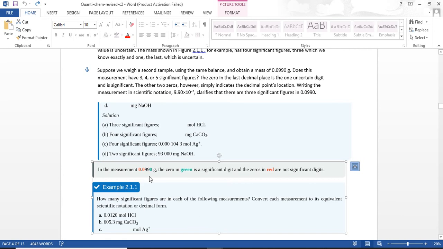Then for this value, it has 4 significant figures because the zero that is sandwiched is significant, while the zero in front of your value is not considered significant. Then here you only have two significant figures, because only the non-zeros are counted and the trailing zeros are not considered significant.